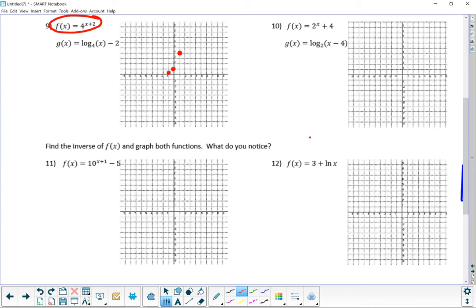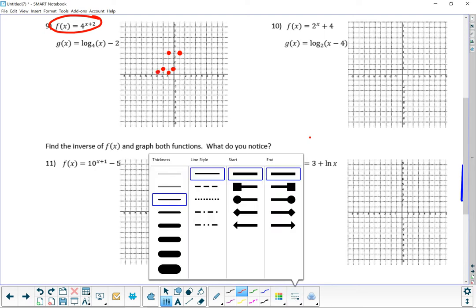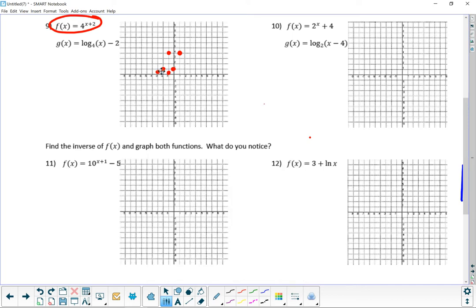And then I'm going to move each of these 2 units to the left. So that's right here, and right here. And I'm going to graph that in a smaller line, that way it looks a little nicer.